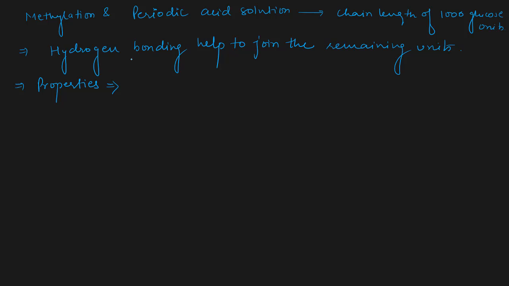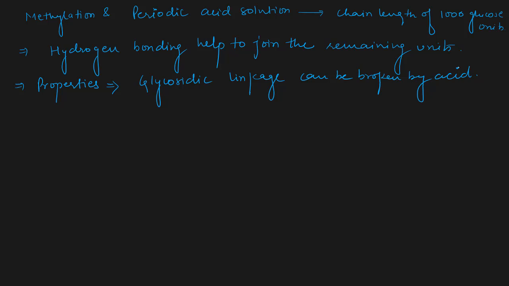The glycosidic linkage can be broken by acid. The acid degradation of the glycosidic linkages of cellulose yields many molecules of D-glucose.